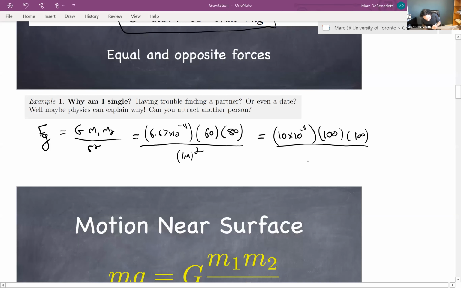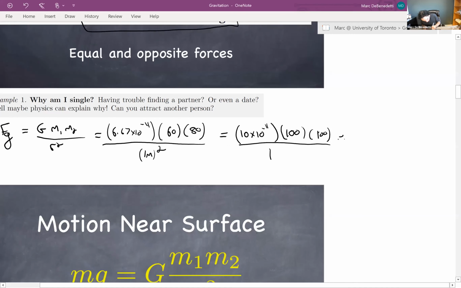And a meter squared is simply 1, so that's nice and easy. 10 times 10 to the minus 11 is 10 to the minus 10. 100 times 100 is 10 to the 4. So this is going to be 10 to the minus 6 newtons.